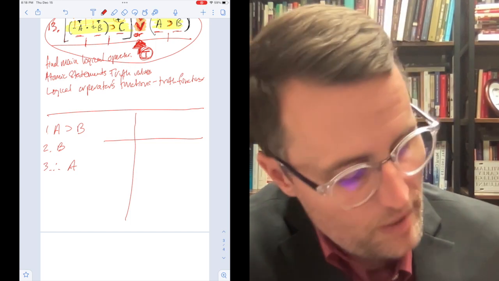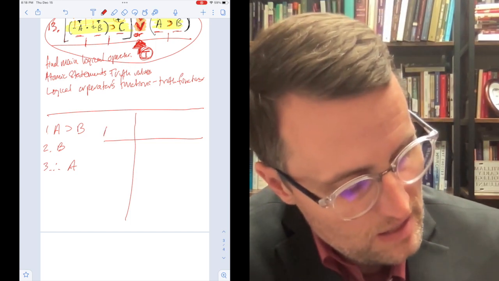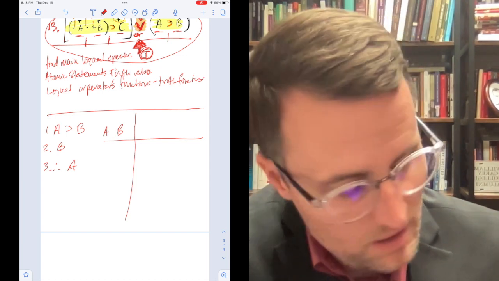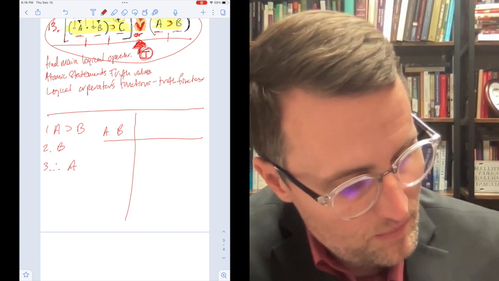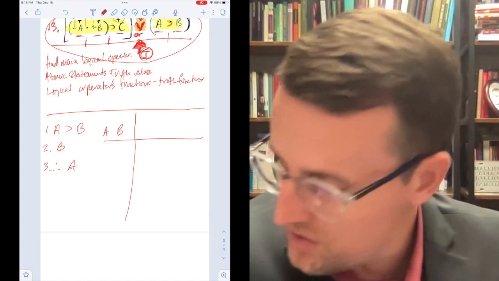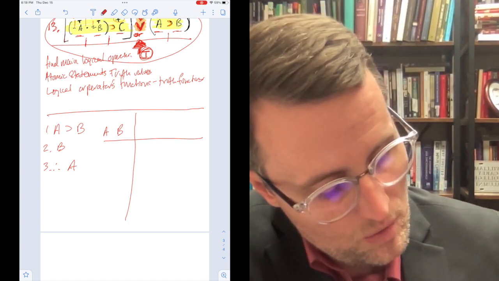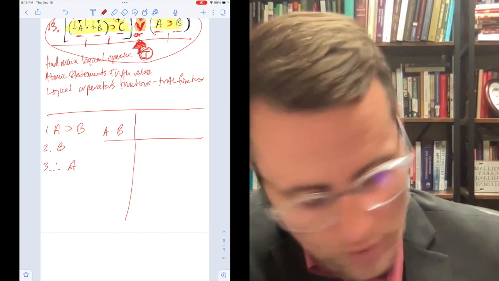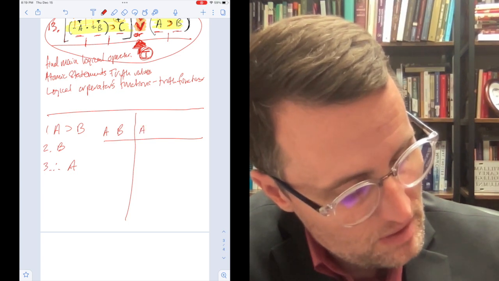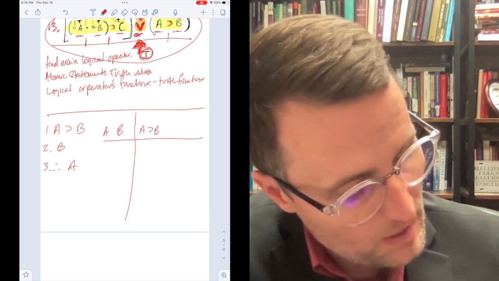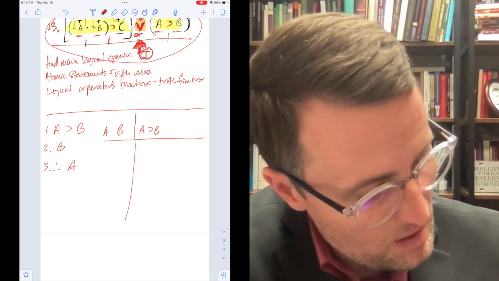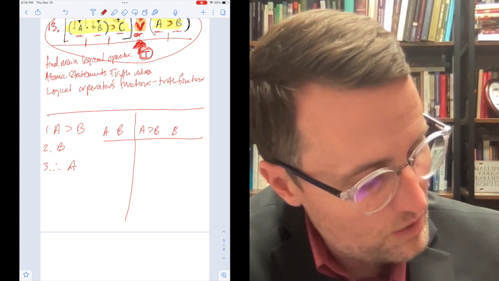We have A and we have B. They substitute there for these variables of P and Q, these free variables, but I'm going to keep it A and B. So what you want to do is then you write the premise. Then you have a space. You write the next premise, premise 2, which is B, and then you write the conclusion, which is A.